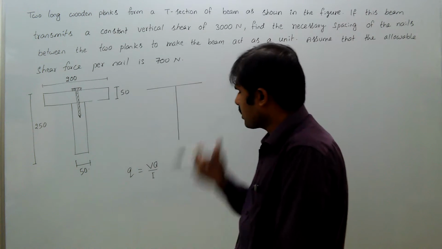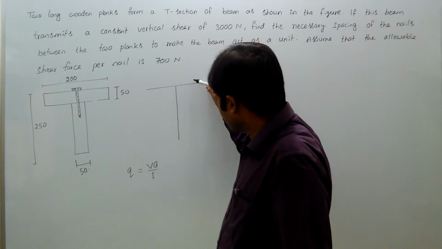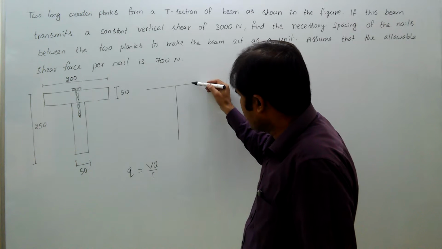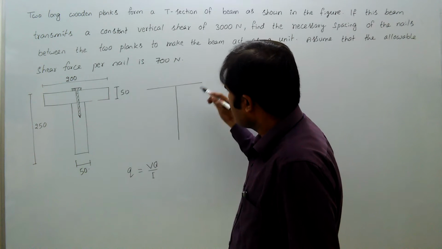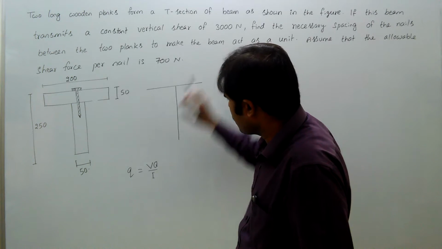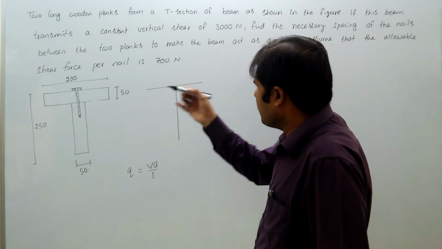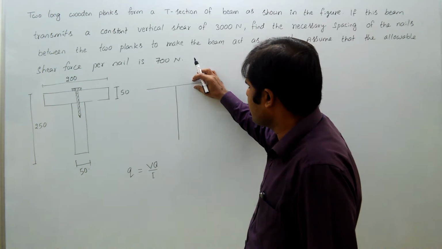Because shear flow is nothing but, suppose if you take a section, we can find shear stress. Shear stress into width of the section gives shear flow, because length is 1 unit and thickness is b units.